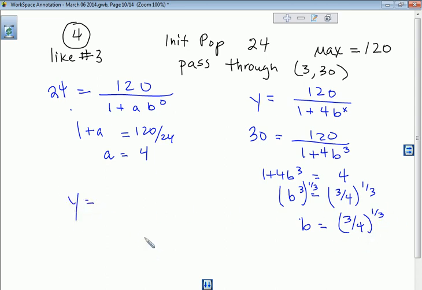So when we plug in the 120, and we plug in the 1 plus 4 times 3/4 to the 1/3 to the x, what happens when I raise a power to a power? Don't I just multiply? So 1/3 times x, isn't that just the same as x divided by 3?